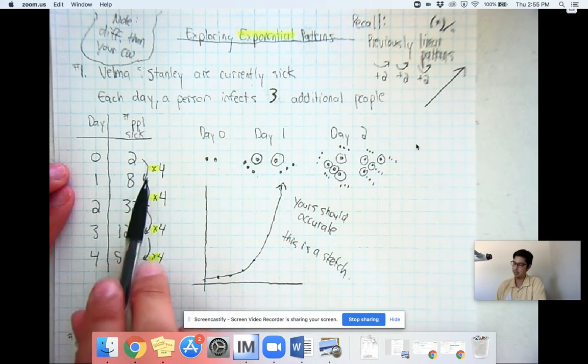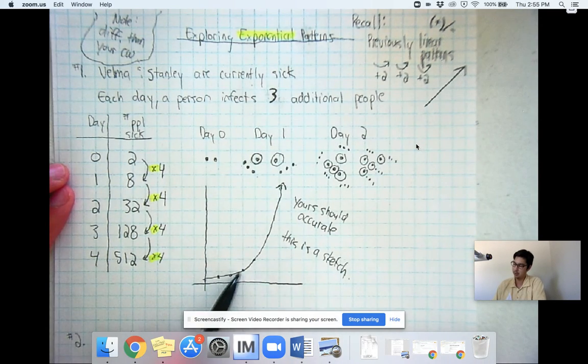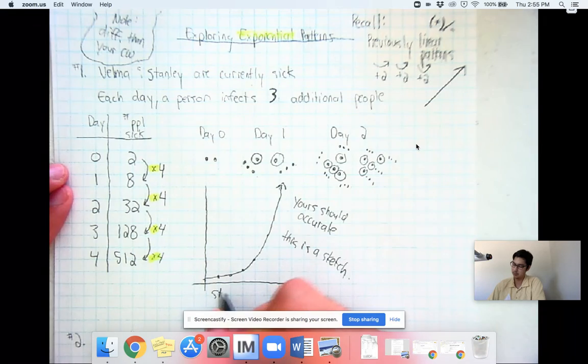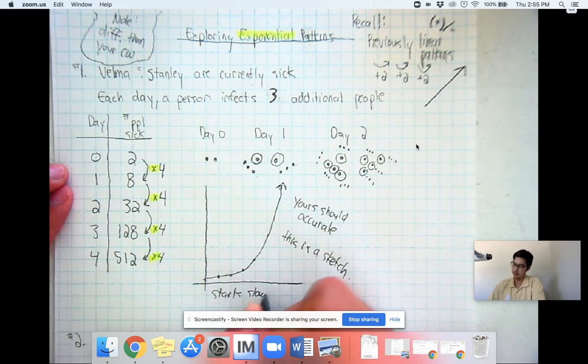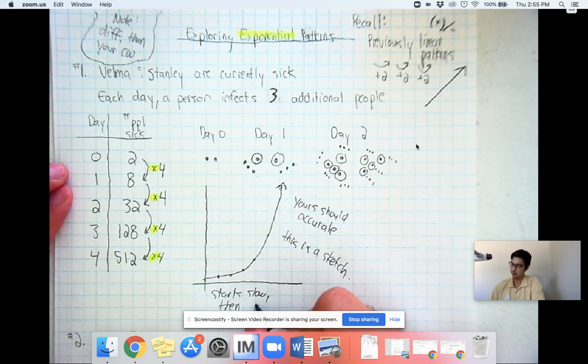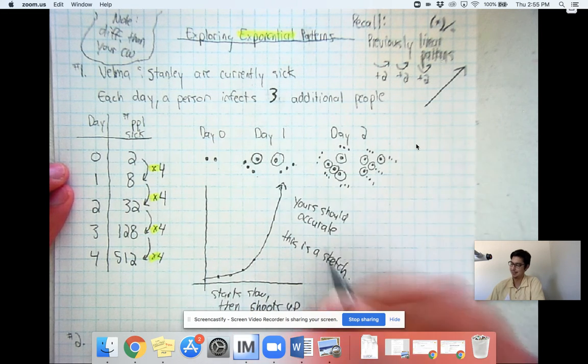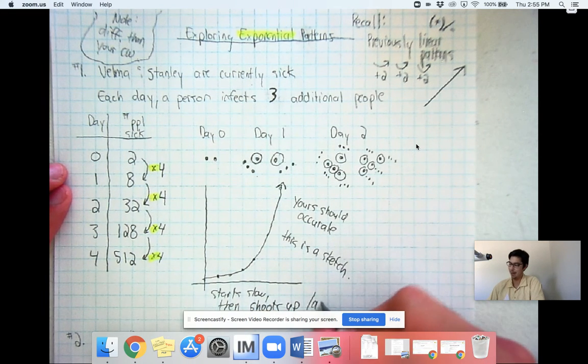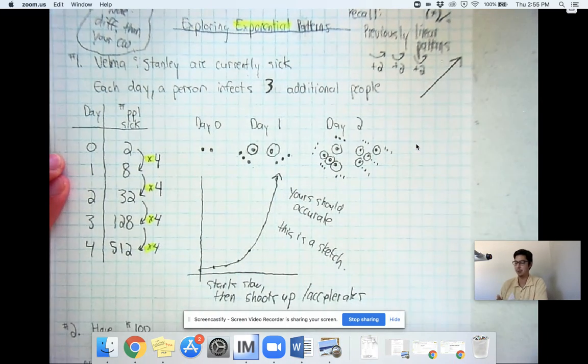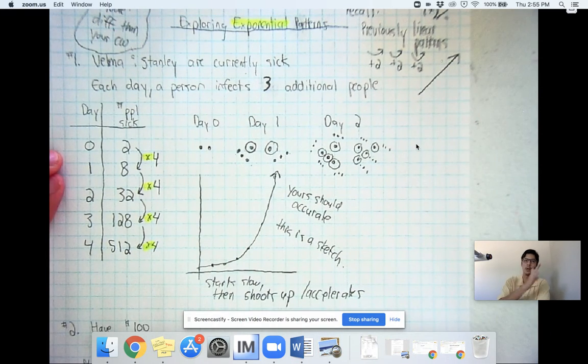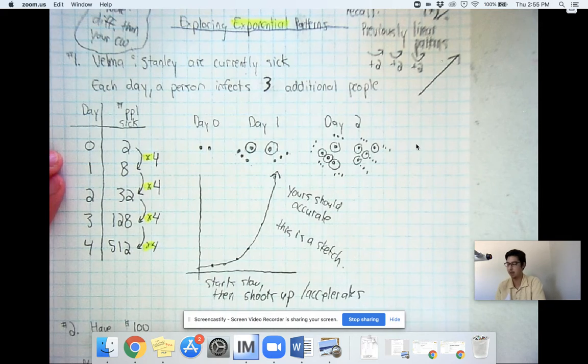Exponential graphs, when we have timesing by 4, start slow and then shoot up. Starts slow and then it accelerates, or shoots up quickly, however you want to refer to it. But that's the idea with exponential patterns: it starts slow and then all of a sudden out of nowhere, whoa, there it goes, out of control.